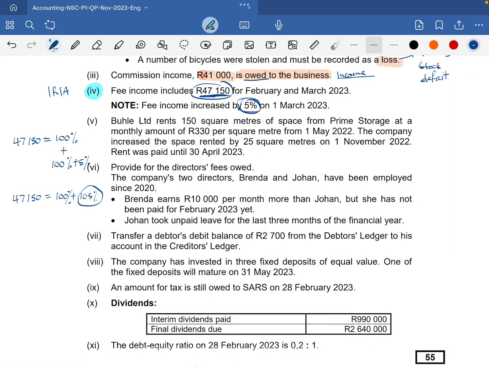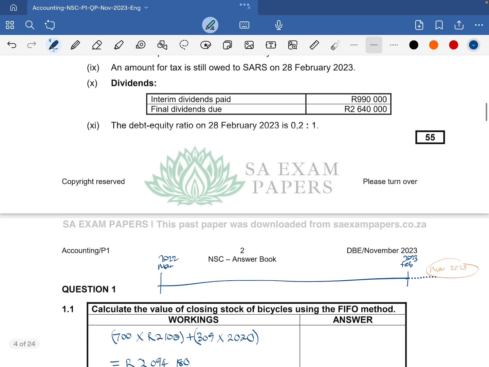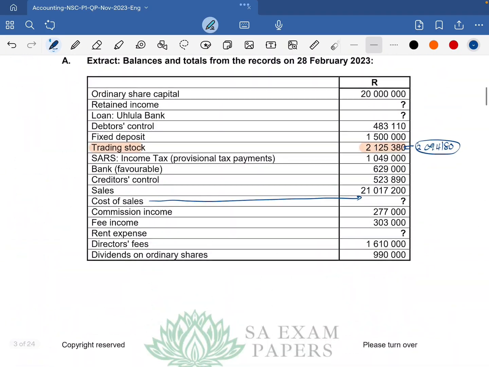Okay, then now what we need to do, we need to calculate the 105 over what we know. We know that this is 205 multiplied by the amount of 47,150. Okay, then let's quickly determine the amount that was received in advance, multiplied by 47,150, and then that is 24,150 that we received in advance. So the fee income which we were given here is this amount of 303,000.